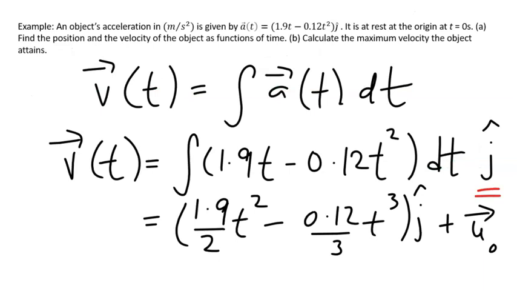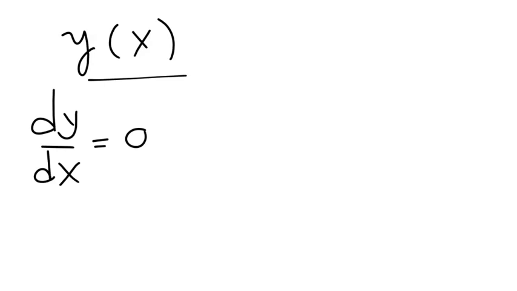Part B of this problem asks you to calculate the maximum velocity the object attains. Before proceeding, let's explain a little about the maximum and minimum conditions from calculus. So assume y is a function of x. To determine the maximum value of y, you first need to determine the value of x that makes y maximum. The condition that enables you to do that is dy/dx is 0.